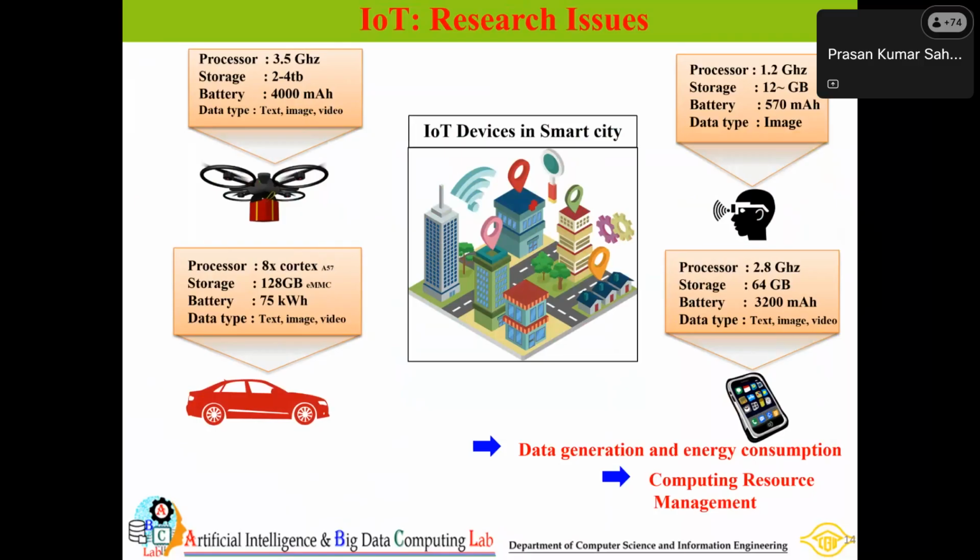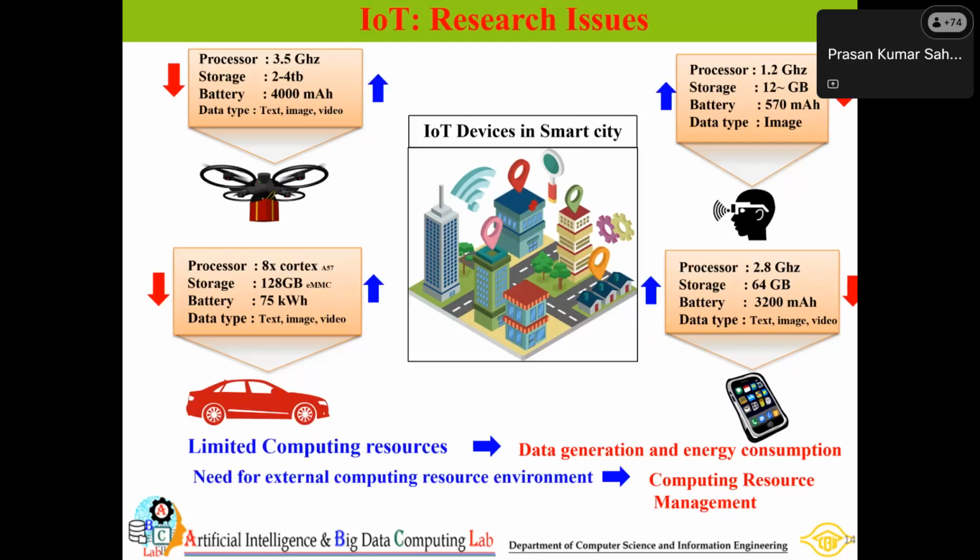This is what we call VANet, vehicular ad hoc network, and also through drones, or through smart glasses, smart specs, smart watches, and also through mobile phones. And after the data is generated, the important research issue is, we can say here, the power consumption, because these devices sometimes don't have enough power. So computing resource is also another research issue in these devices.